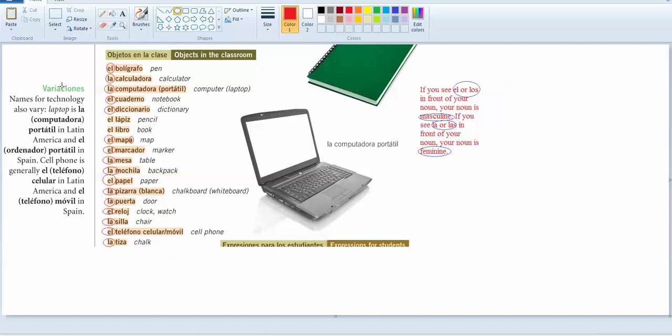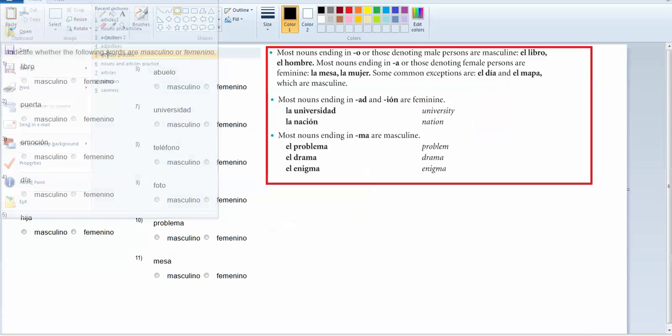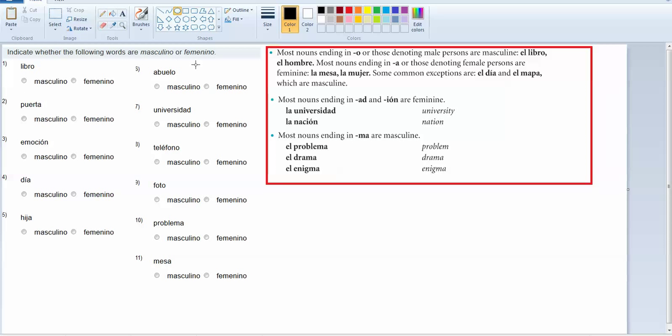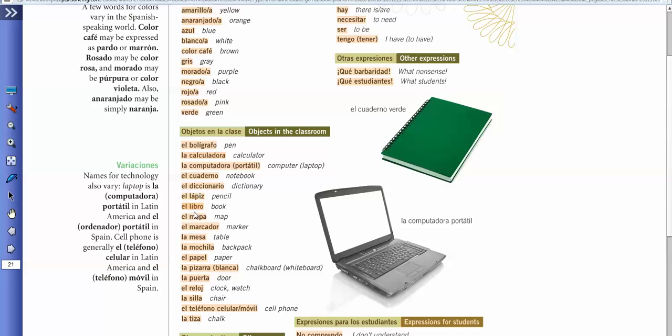Okay, so let's do some practice. Gender practice. We want to know whether the words are masculine or feminine. So libro, it ends in O, which means the bulk of the time it should be masculine. And if you pull up your text again and we find libro, here it is, it's got an el in front of it. So that makes that word masculine.